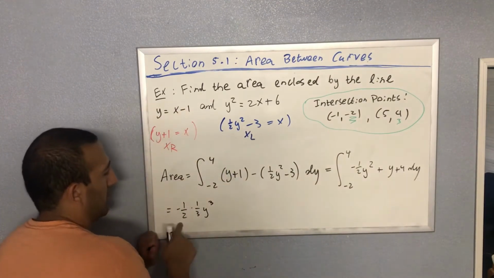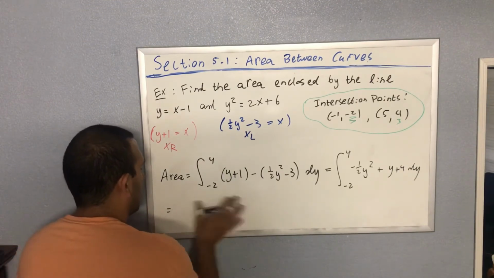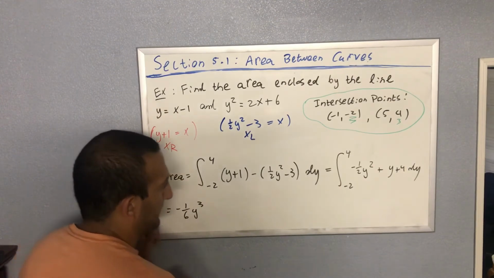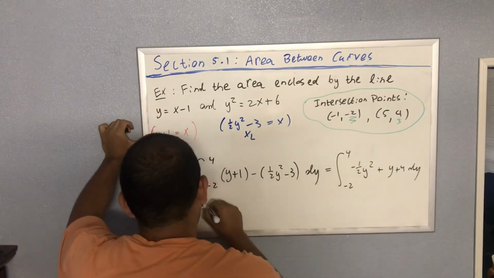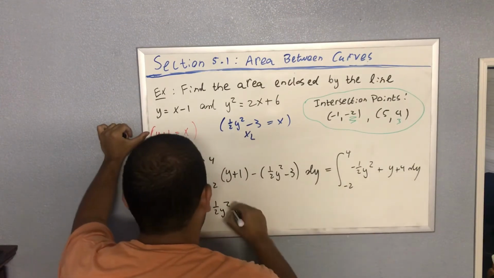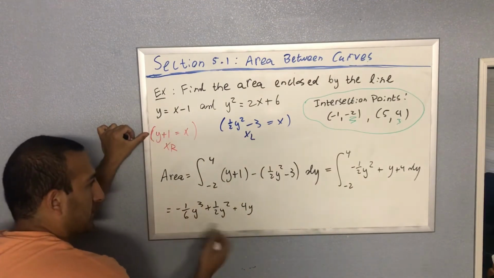So overall, the negative 1/2 times the 1/3 is a negative 1/6. So this is negative 1/6 y cubed, and then this is a 1/2 y squared, and then the last one gives us a 4y.